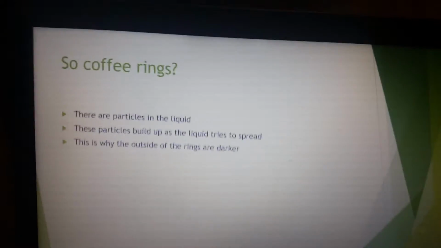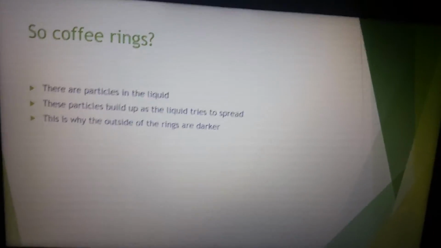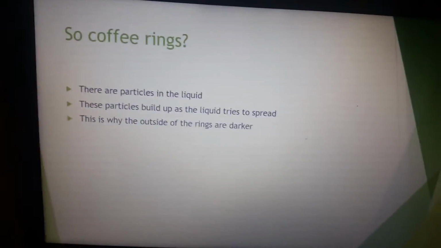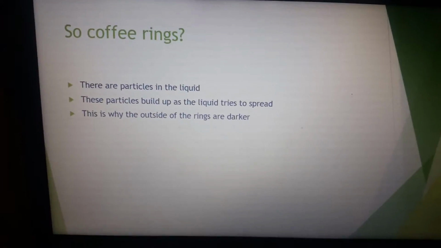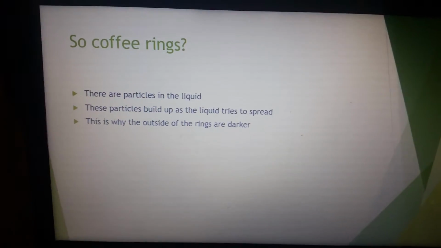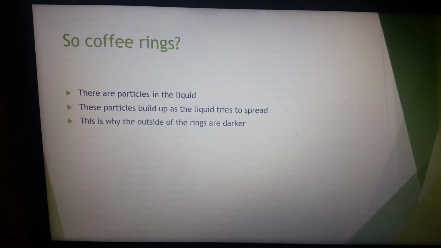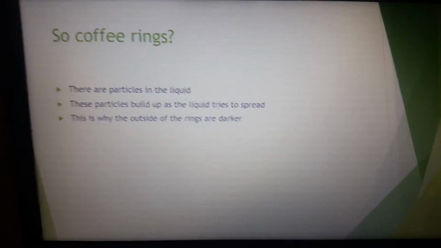So the coffee rings. I always assumed that the coffee rings were because if you have a coffee cup, most of them have that little raised bottom circle so they don't sit flat. I always just assumed that raised bottom circle is why the outsides of the ring were darker. It was just where it built up more.